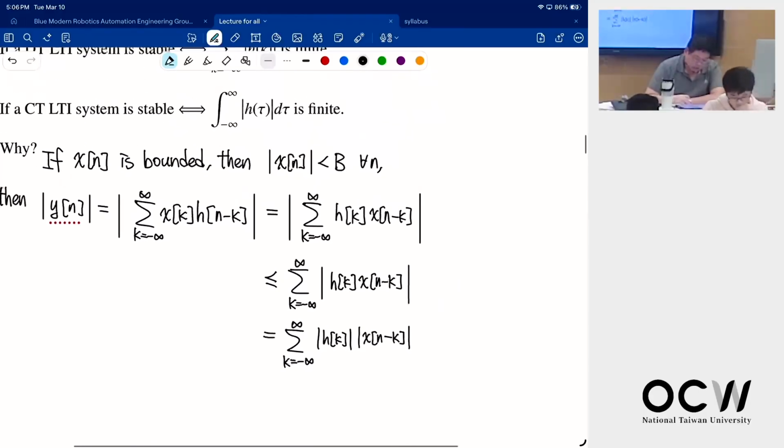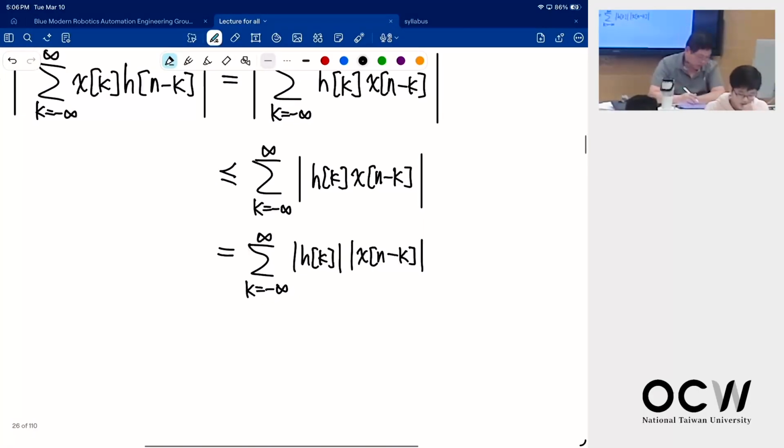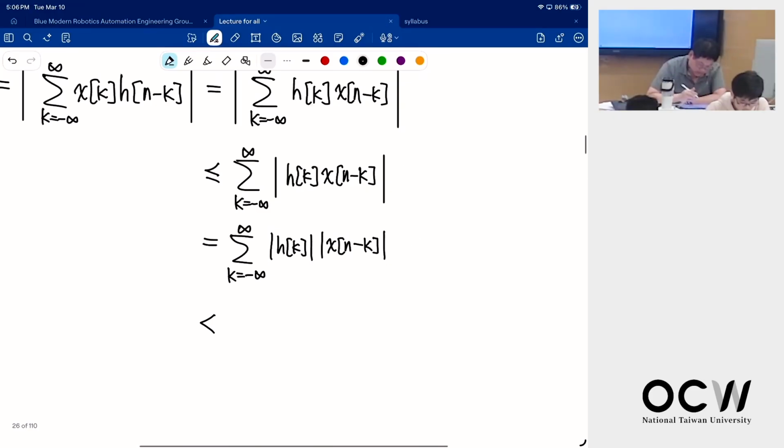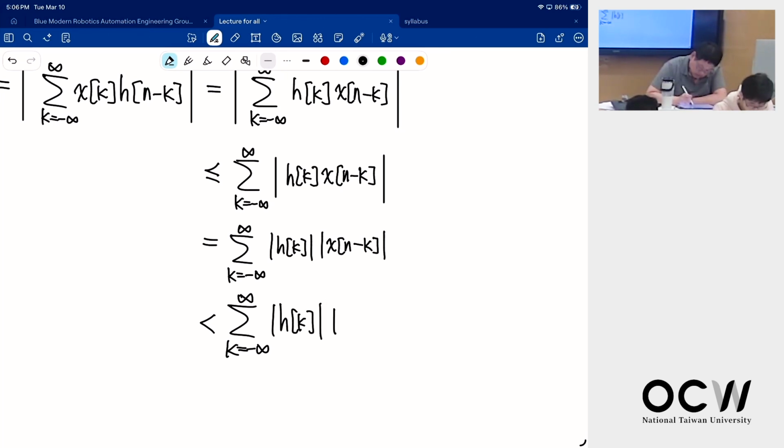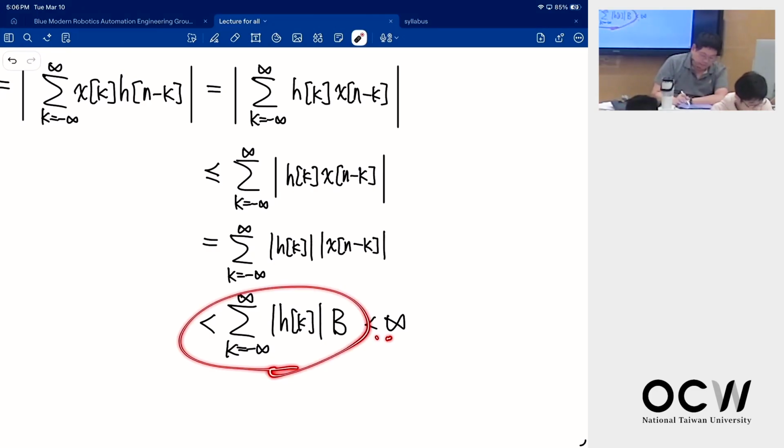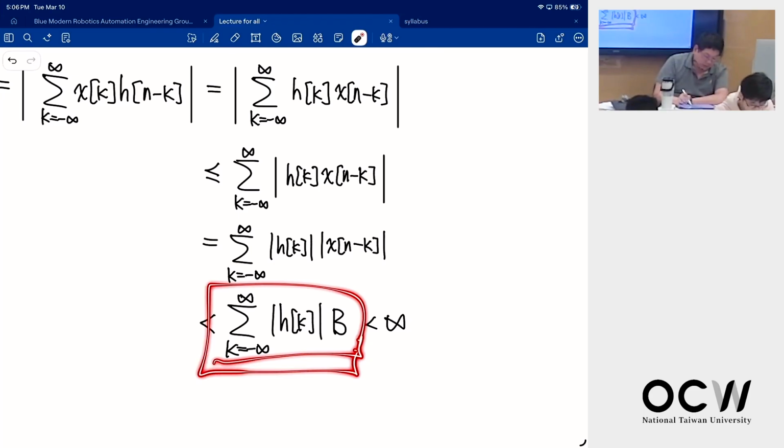And we know that x is bounded. So here, this should be less than |h[k]| times the bound B. Since it is bounded, we want this term to be less than infinity, which means overall it is bounded. So in this case, this is less than infinity if and only if this summation is bounded.